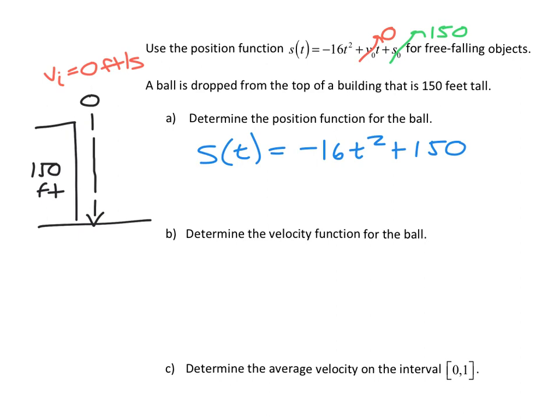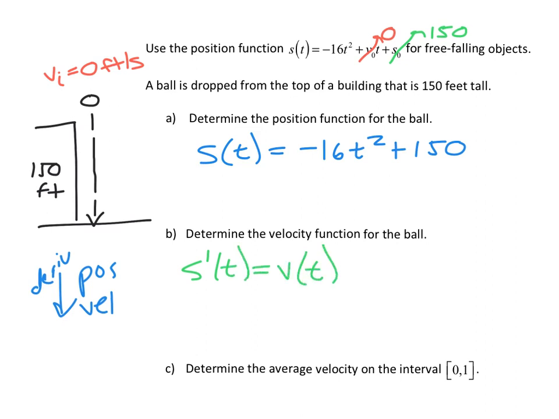Part B then says determine the velocity function for the ball. Well, based on what we had on the previous page, to go from position down to velocity, I have to take a derivative. So what I need to do is figure out what would be s prime of t, because s prime of t is equivalent to velocity, v of t.